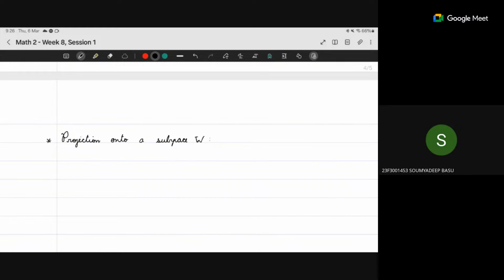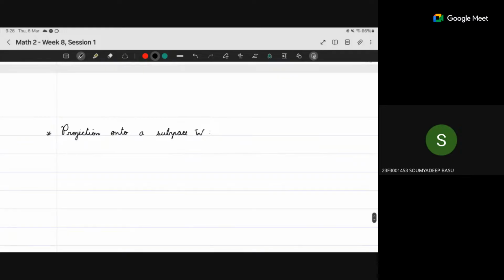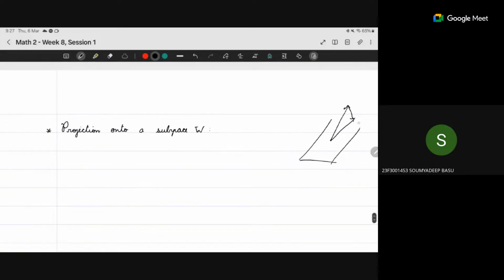Once again, it is useful to look at the picture. If I have a plane in R3 and a vector, I can think of this as the shadow of this thing. There's an orthogonal component and there is a component along the plane. I cannot draw this very well, so you can look it up.